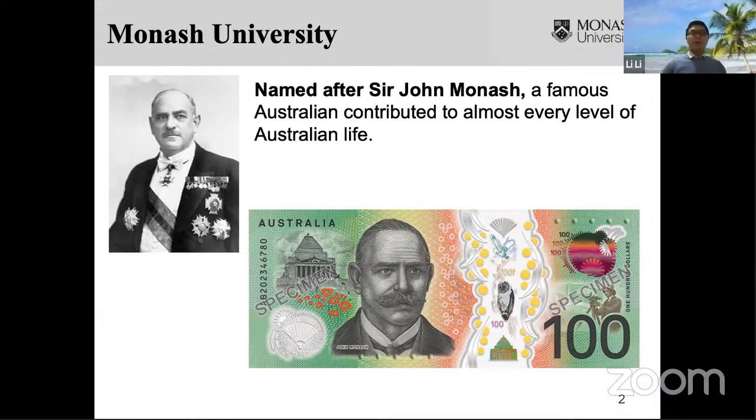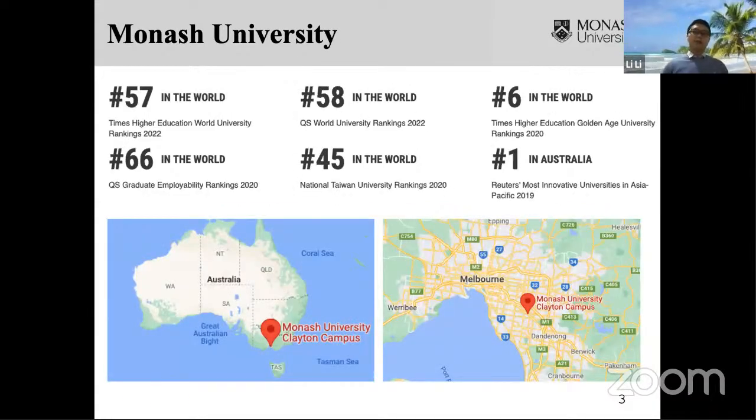In recognition of his contribution, his portrait has been put on the Australian $100 note. Monash University is a research-intensive university, striving to achieve excellent education and research in Australia as well as across the world, and it has been constantly ranked among the top 70 universities in the world.